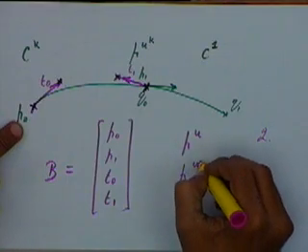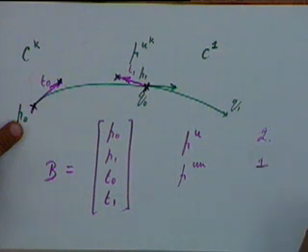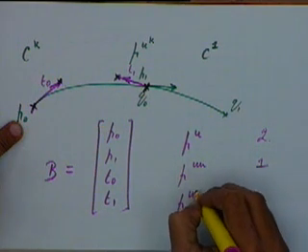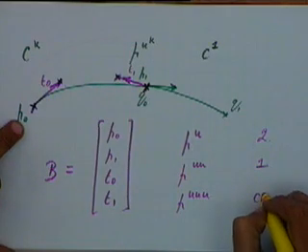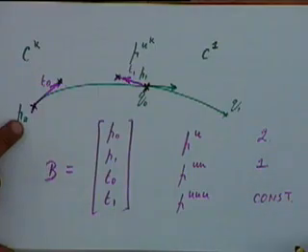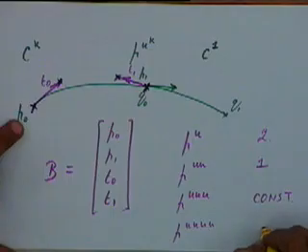The second derivative is a first degree expression. Your third derivative is going to be a constant, and your fourth derivative is going to be 0.